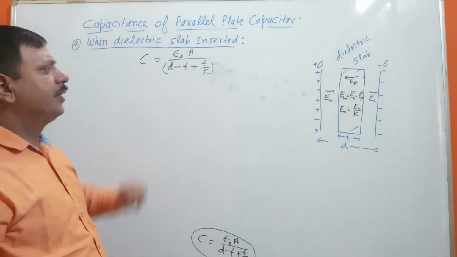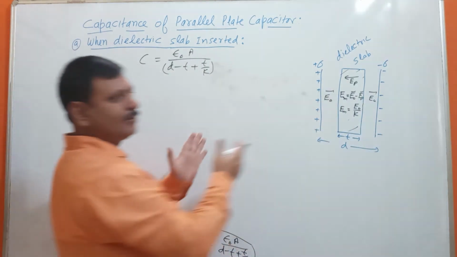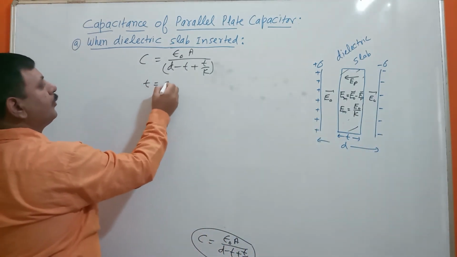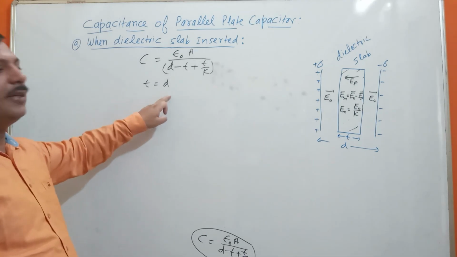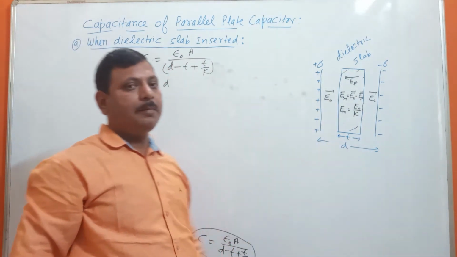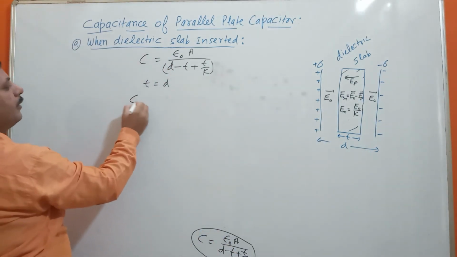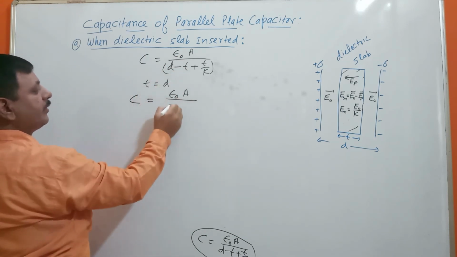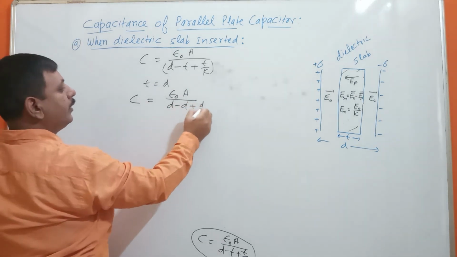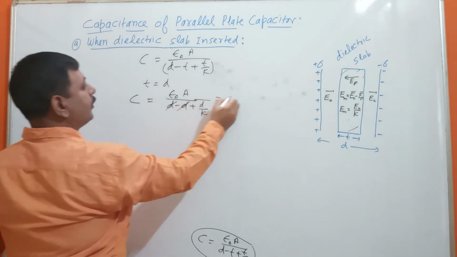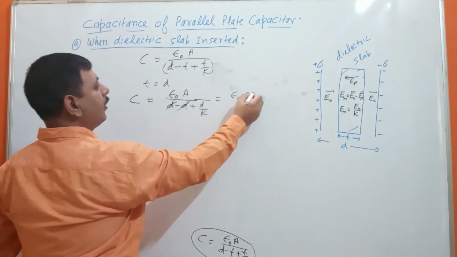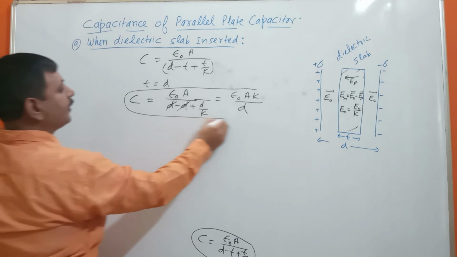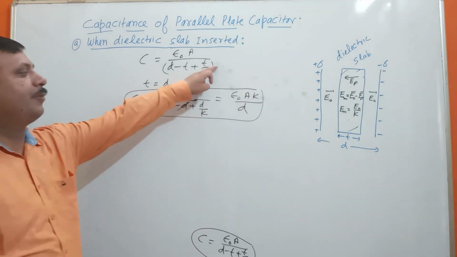For example, suppose the dielectric slab is inserted for the whole width, meaning T is equal to D. The width of the dielectric slab is the distance between the plates. At that time, replacing T with D, the formula becomes epsilon naught A K upon D. You can see for the whole width we get the same result from one formula.